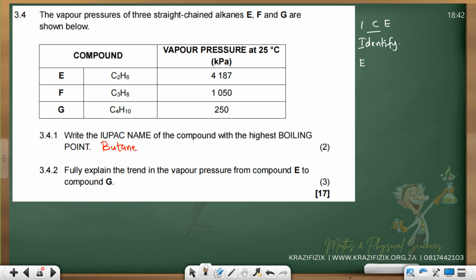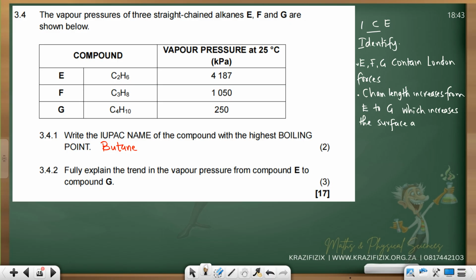So E, F, G contain London forces. I have identified. However, what happens? Do you notice the chain length? All right, it increases. So chain length increases from E to G, which increases the what? Surface area.